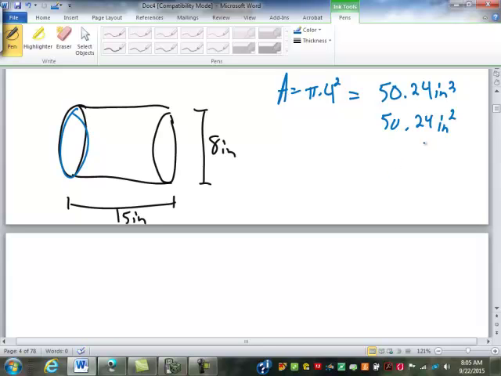Then what? Okay. To get the circumference of the circle, it's pi times 8, pi times d, which is 25.12 inches. Not times 2, but times 15, right?